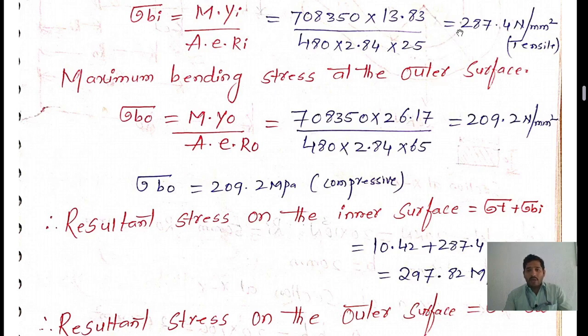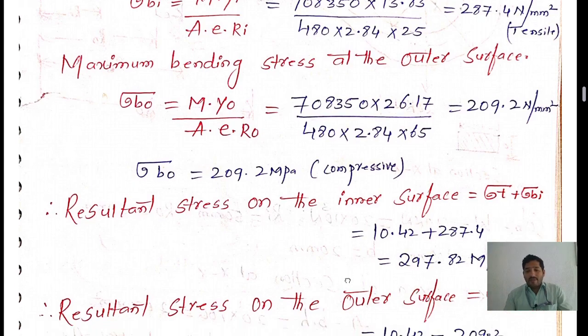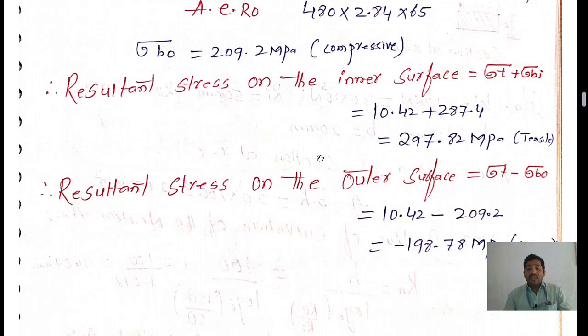The direct tensile stress is 10.42, plus sigma BI, the bending stress at the inner surface, 287.4 Newton per mm square. If you add them, you will get 297.82 Newton per mm square. Instead of Newton per mm square, we can represent it as megapascal. Clear?